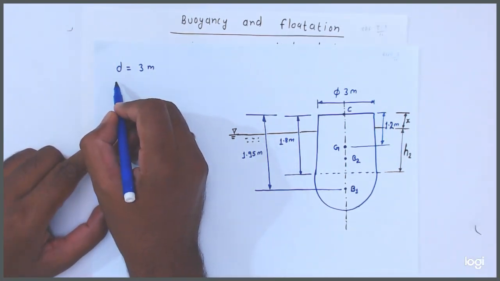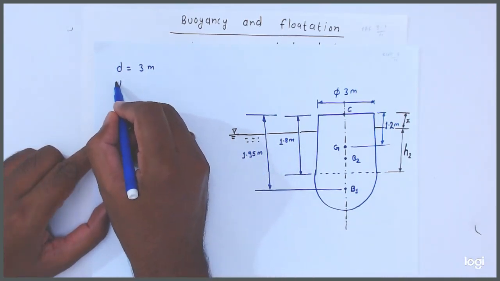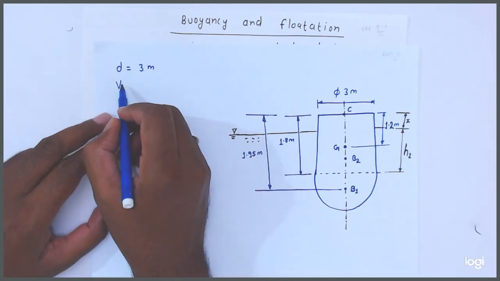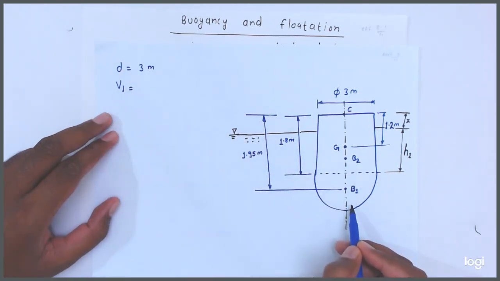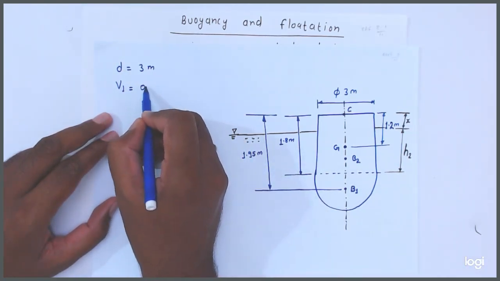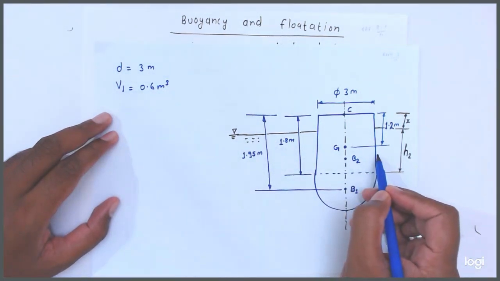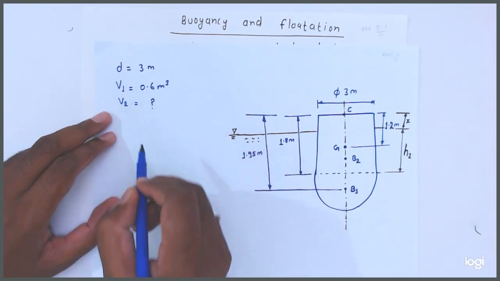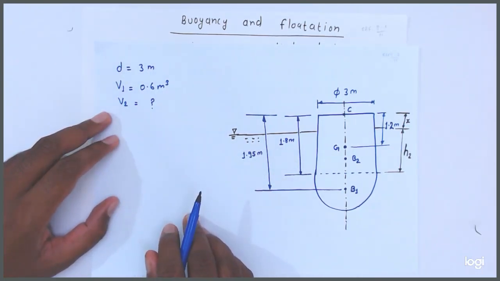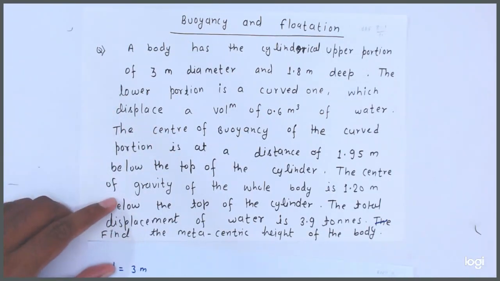Here the lower portion volume has been given, so we should label it V1. This portion is part 1, so volume V1 is equal to the given 0.6 meter cube. This portion's volume is V2, which we don't know. Okay friends, and what other data has been given?